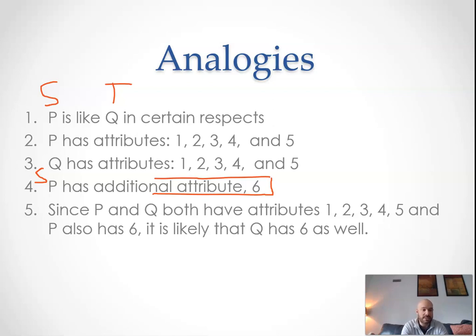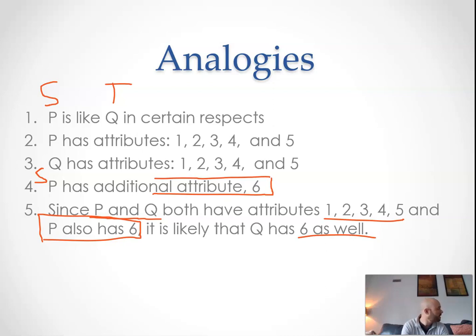Since we have this information about P and Q, that they have this set of attributes, and the other bit of information about the source is that it has attribute number 6, it's likely that Q has number 6 as well.